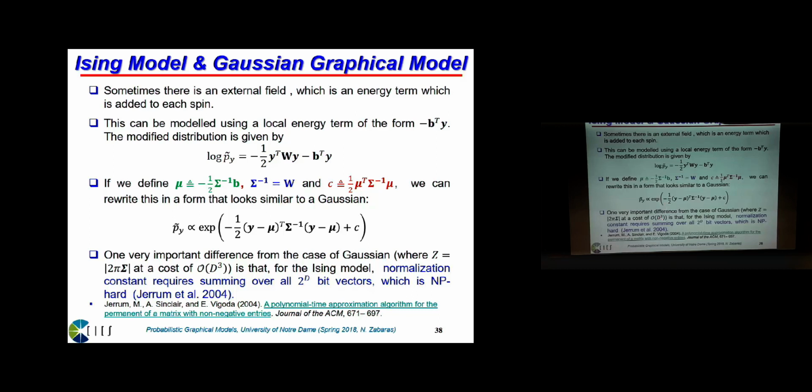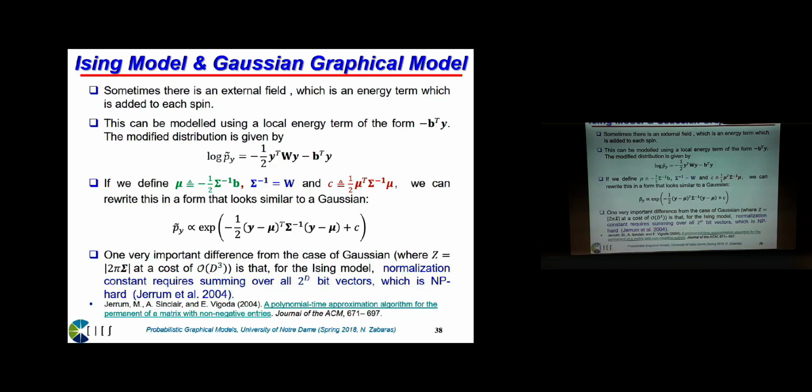And you can do this in d dimensions with a cost that goes as d cubed. Well, unfortunately, in the Ising model, if you have, let's say, d pixels, and each of them can be plus minus 1, you're going to have to sum to find the normalization over 2 to the d power values, okay? And this is where I mentioned that this is NP hard, okay?